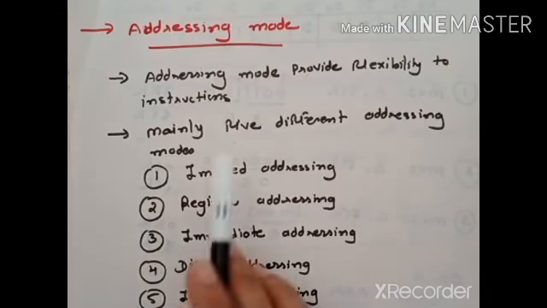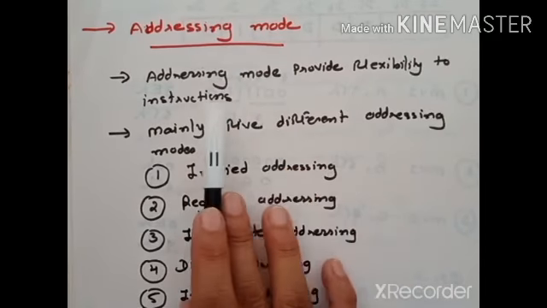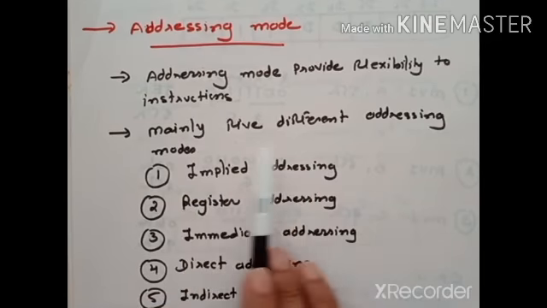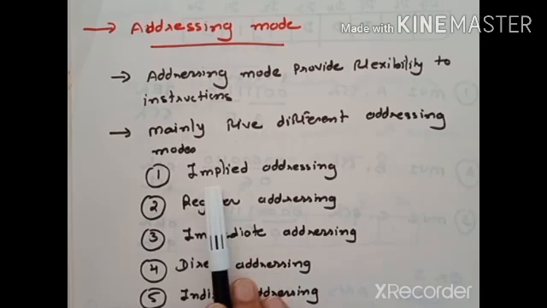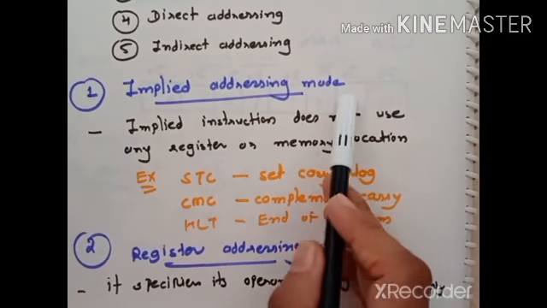The next topic is addressing modes. Addressing modes provide flexibility to instructions. There are mainly 5 different addressing modes: first implied addressing mode, then register addressing mode, immediate addressing mode, direct addressing mode, and indirect addressing mode. First, implied addressing mode.